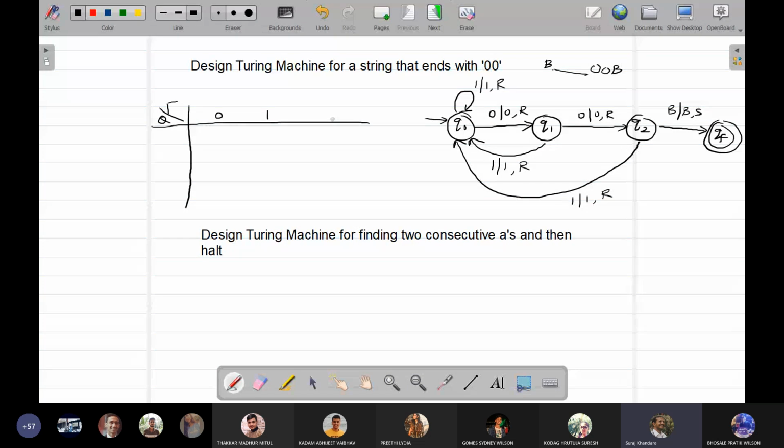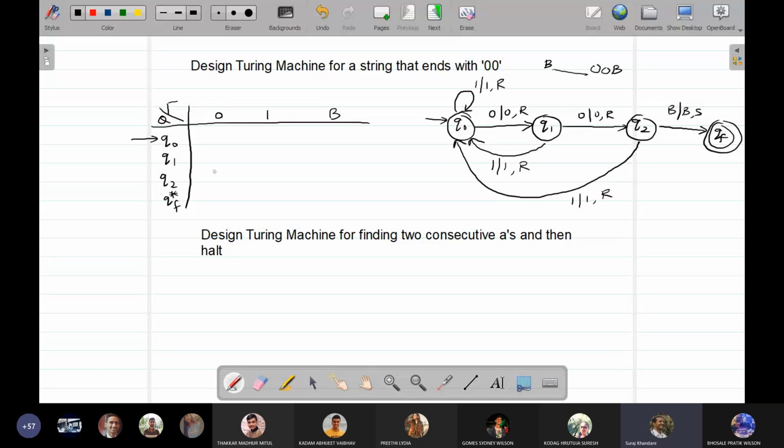We are not making any changes, so we don't require any other tape symbol. Blank is there, so that we'll require. Then we are starting with Q0, which is our start state. Then we have Q1, Q2, and QF, which is our final state.